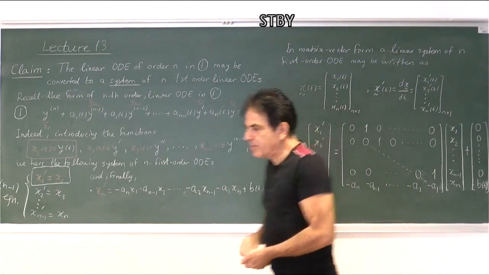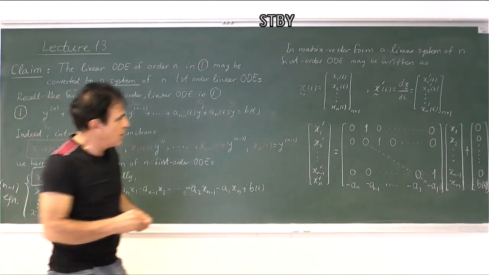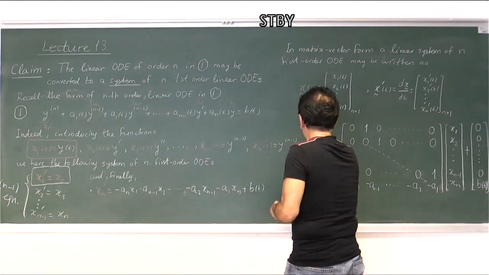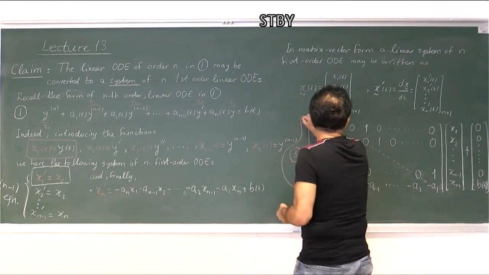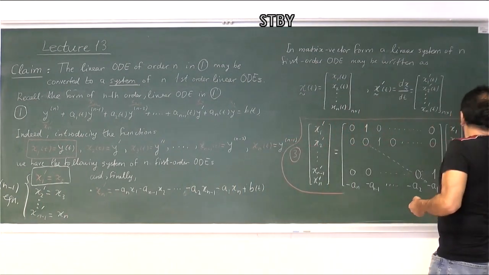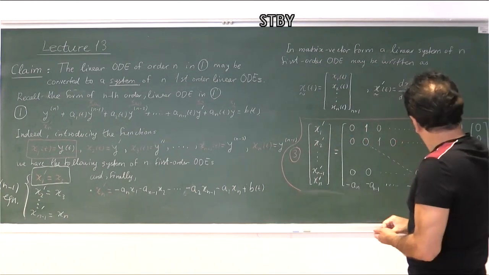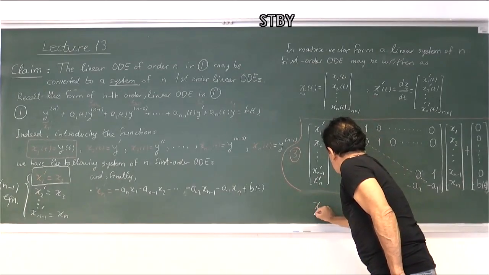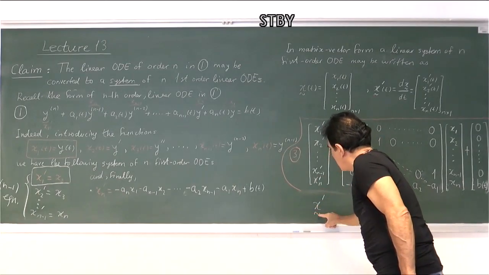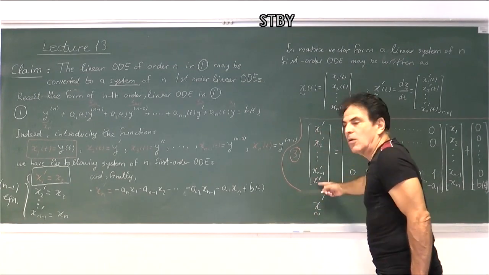This is the system representation of equation 1. In short form, look at that. This is the derivative of the vector, the vector function x with n component functions.